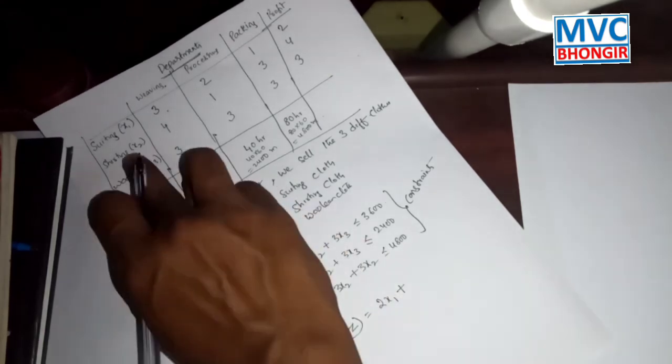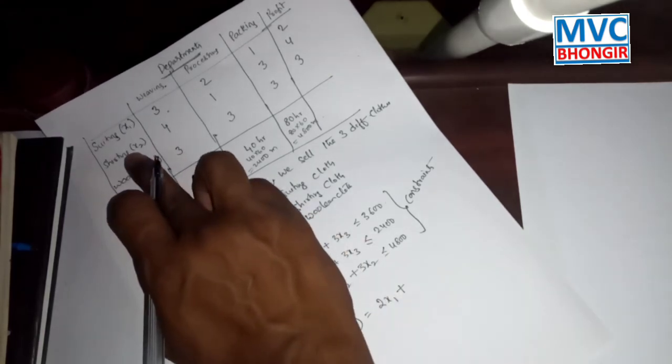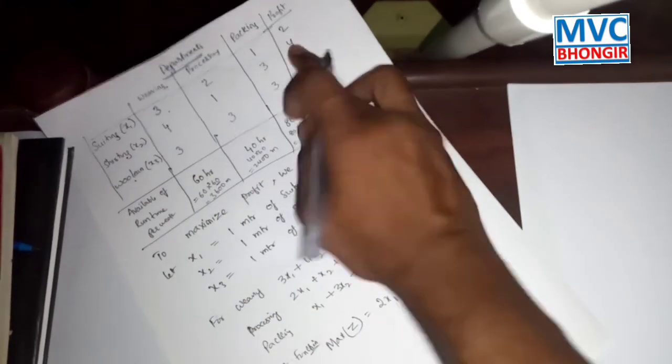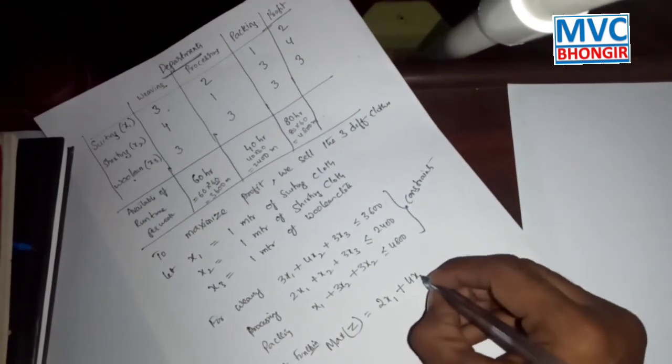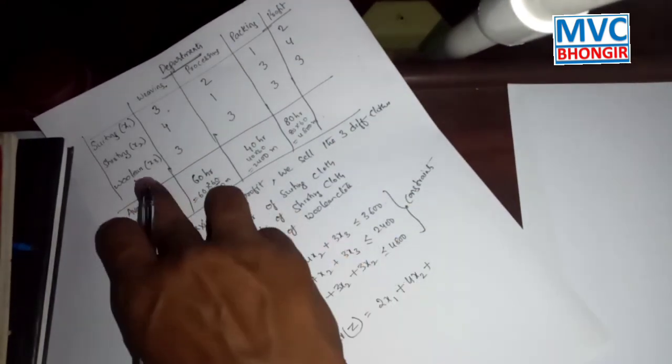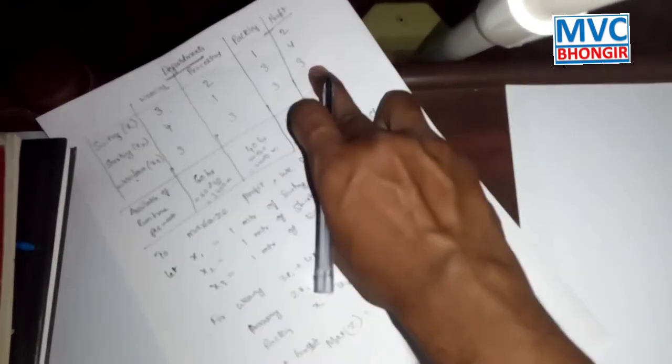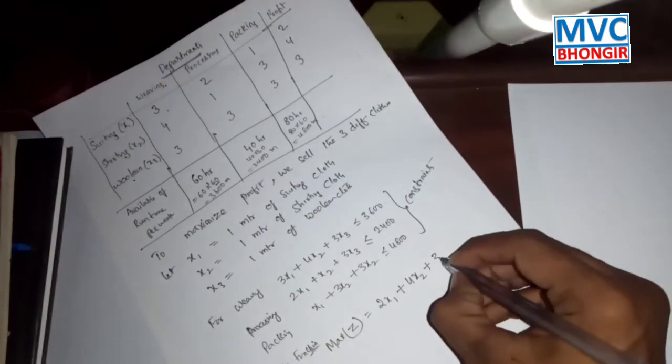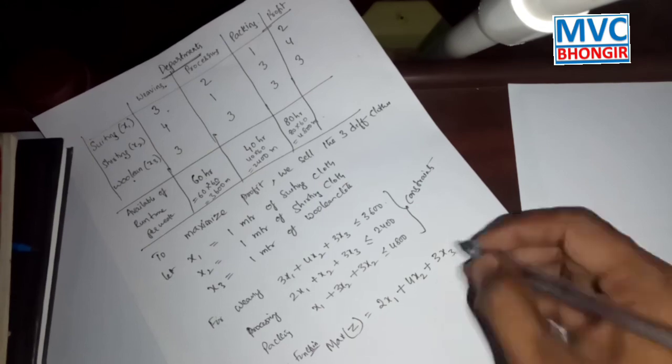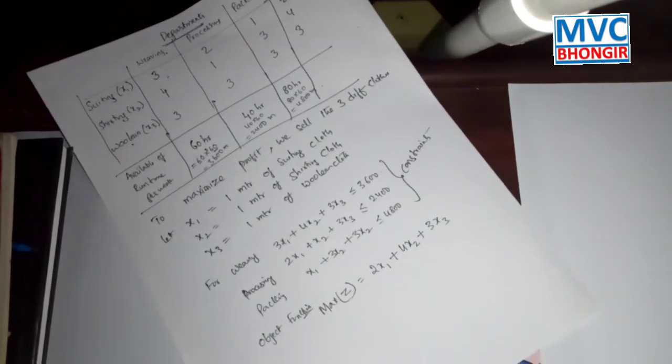Plus 1 meter of x2, that is shirting cloth, gives you 4 rupees of profit, 4x2. Plus, by selling 1 meter of woolen cloth, it gives you 3 rupees of profit, that is 3x3. So this is your objective function.